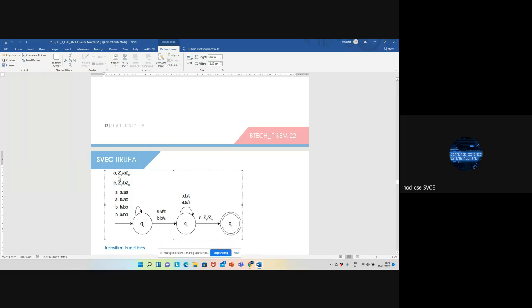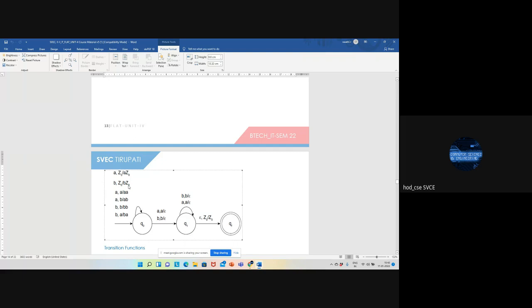So here, A Z0: we simply push A onto the stack, so on top of Z0, A will be present. Same for B also, since the string may start with either A or B. Now B Z0: we push B onto the stack. Initially the stack contained Z0, now it is converted to B Z0.